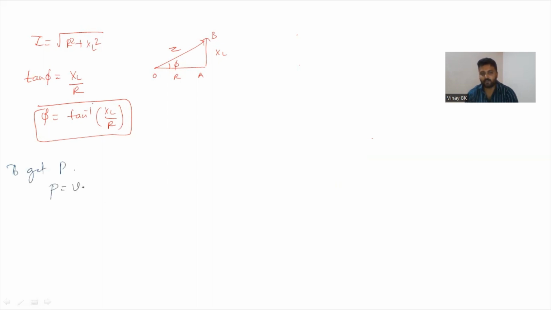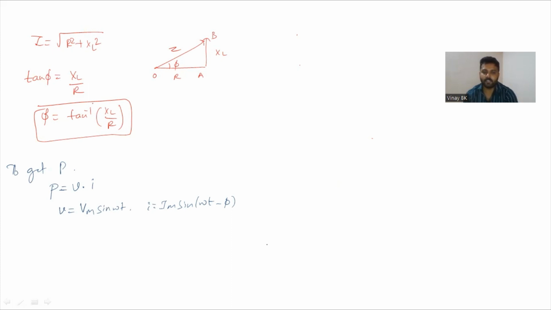P is given by V into I, whereas V equals Vm sine omega t and I equals Im sine omega t minus phi, not pi by 2, because the angle is phi, the lagging angle.